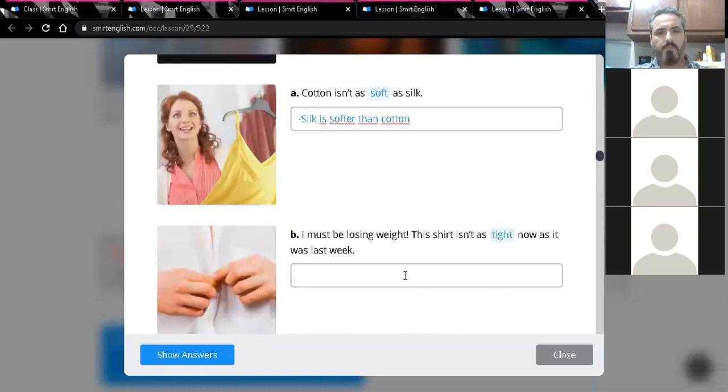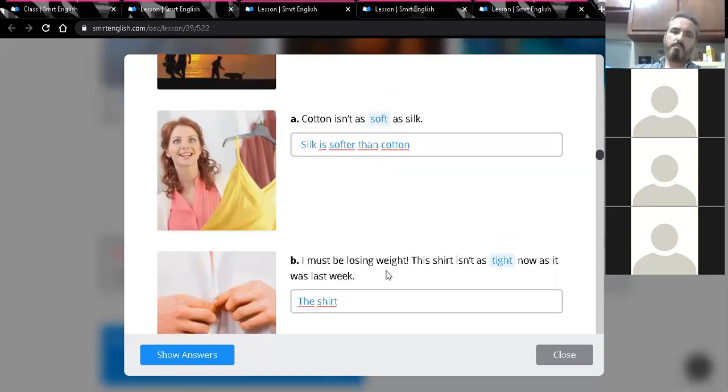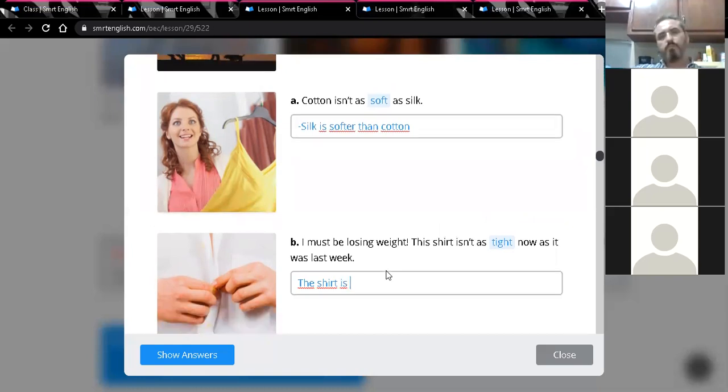Next one, B. Imelda, can you read it, please? I must be losing weight. This shirt isn't as tight now as it was last week. Okay, so the shirt is... what is the opposite of tight? Bigger. Loose.